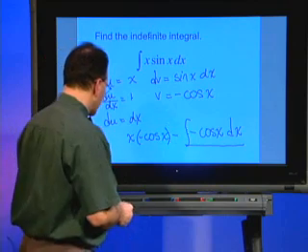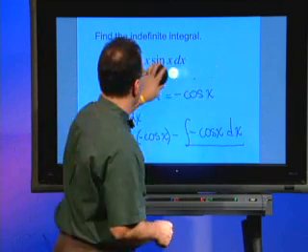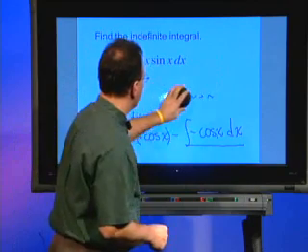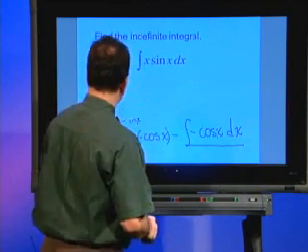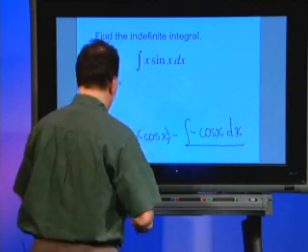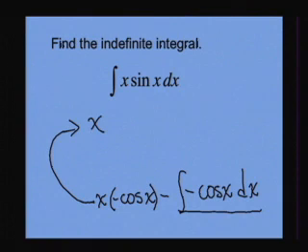So let me make some room above here where I can continue this. And we can see that the first part becomes negative x cosine x.